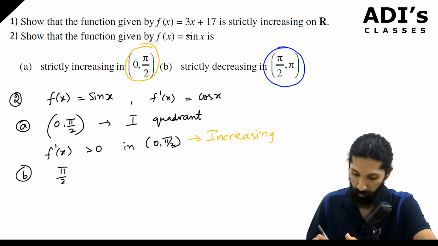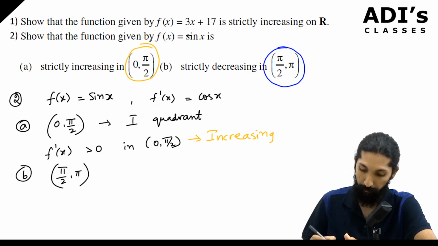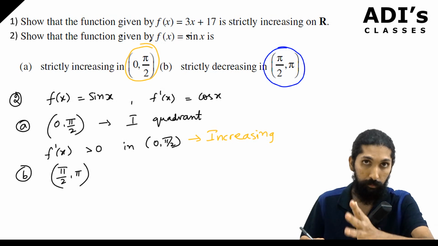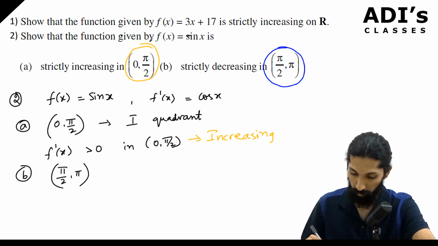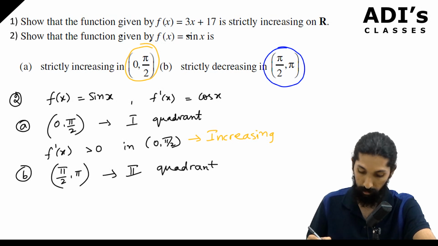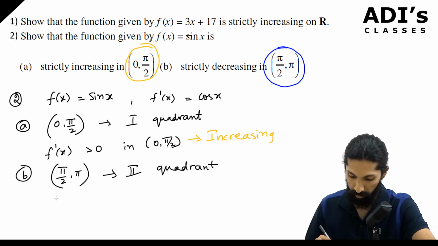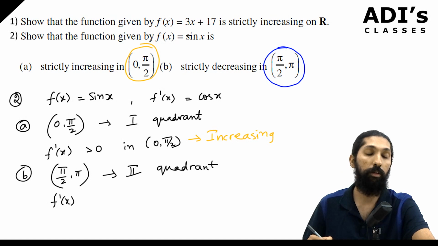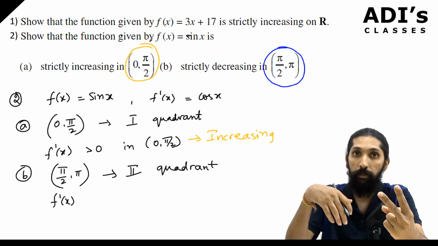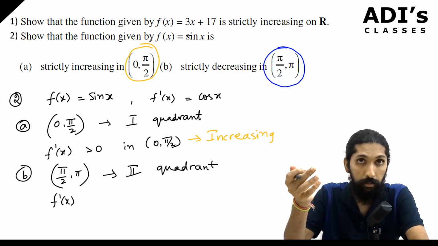So minus 9 by 2 plus 2. So 9 by 4 minus 9 by 2 is minus 9 by 4. So you have minus 9 by 4 plus 2, which is going to give us minus 1 by 4, which is negative. That means in between we have a decreasing value.